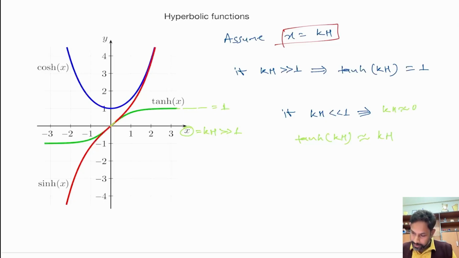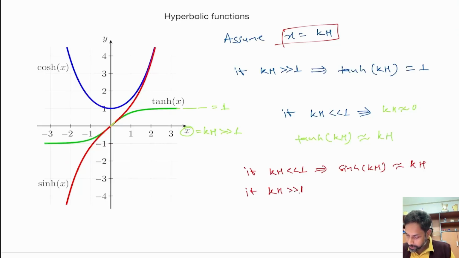Now we will analyze sine hyperbolic. In case of sine hyperbolic, if kh is much smaller than 1, that again means that sinh of kh is equal to kh, okay. If kh is much greater than 1, then sinh of kh is also much greater than 1, that becomes greater and greater, okay.